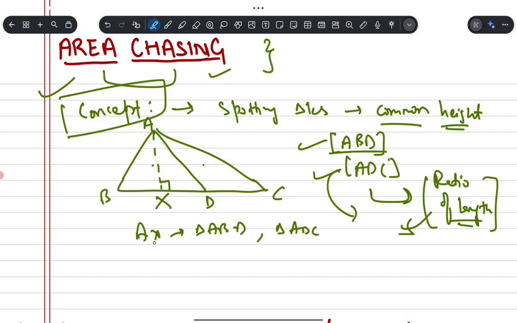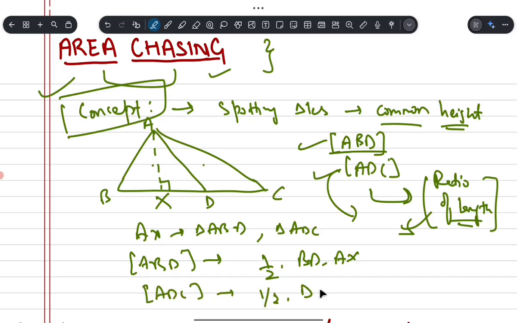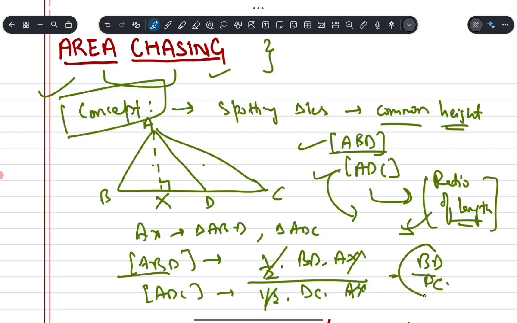So if I have to write the area of ABD, that would be half of BD times AX, and for ADC, that would be half of DC times AX. If you divide that, we'll end up with BD by DC. What is it? It's the ratio of the bases.